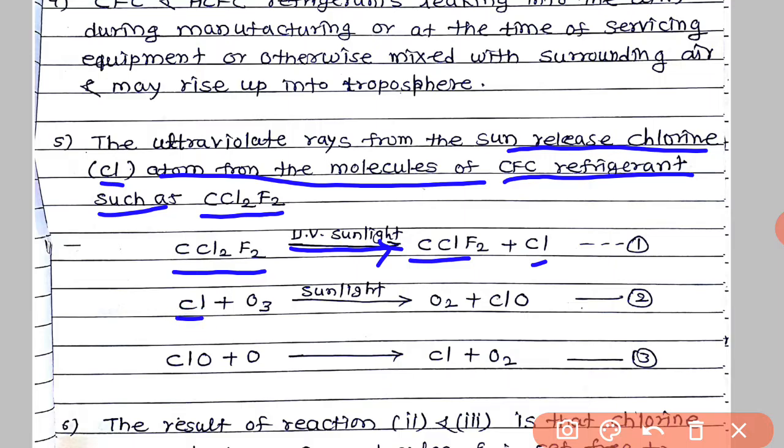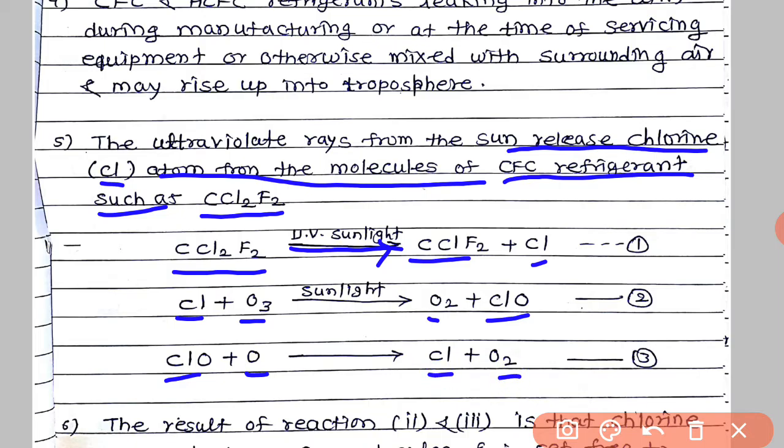That chlorine atom, in the presence of sunlight, reacts with ozone. Ozone is O3, or three atoms of oxygen. So Cl reacts with ozone O3 in the presence of sunlight and gives O2 plus ClO, and then ClO reacts with a single atom of oxygen to give Cl and O2.